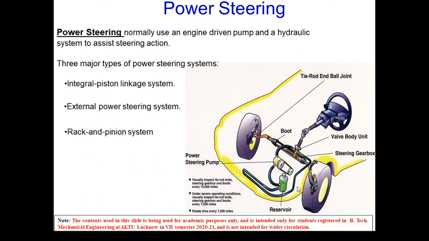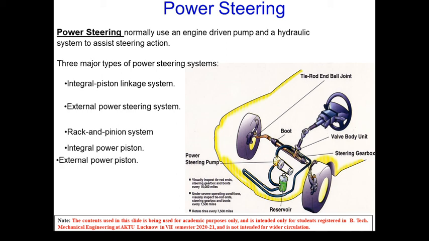We can see here various components of the power steering, consisting of the reservoir and the pump. This is the reservoir for storing the fluid that we have discussed, SAE 10W or 5W. Other components are the pipings for supplying the fluid from the system to the hydraulic cylinder. And this is the entire steering system that we have discussed earlier.